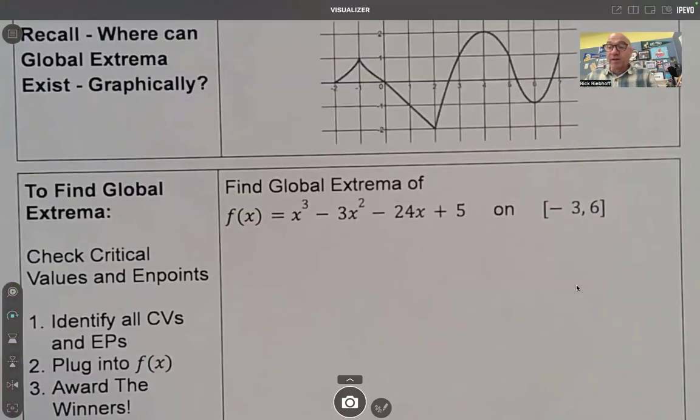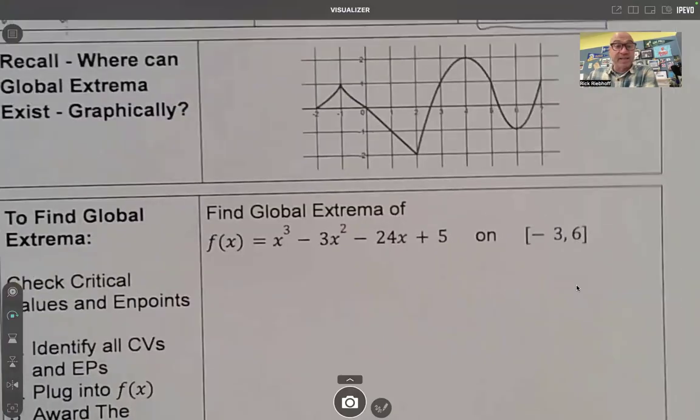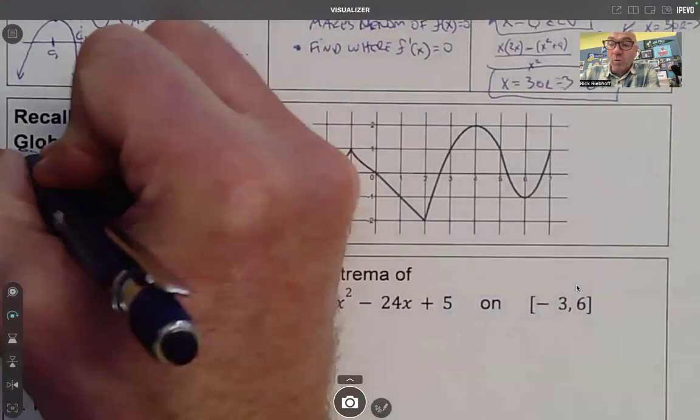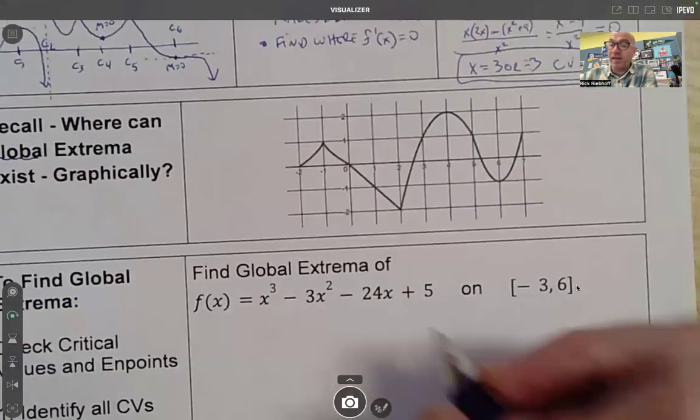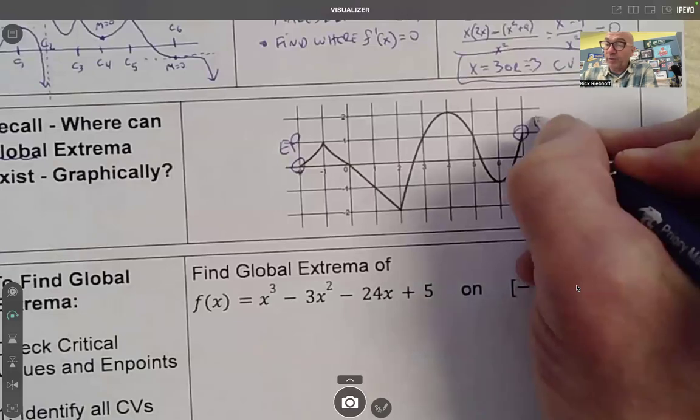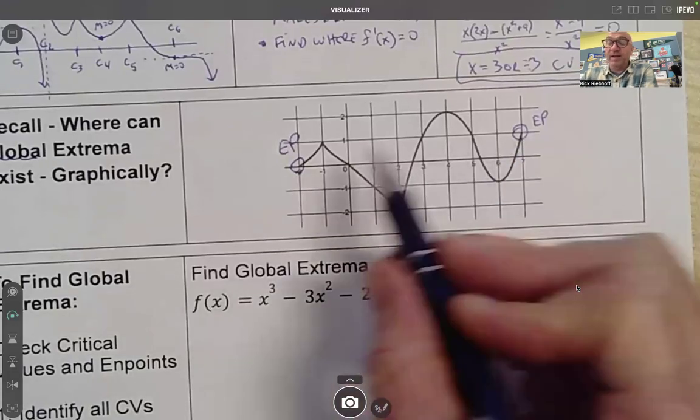All right. So where can global extrema exist graphically? For global, it can be endpoints. We could have an extreme at an endpoint.